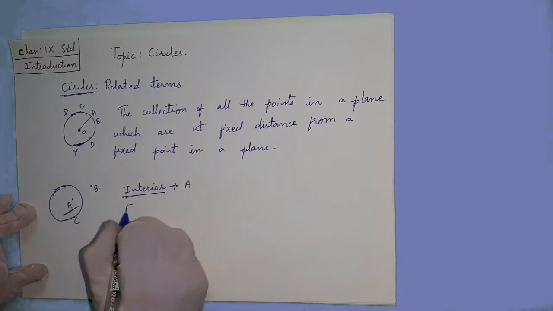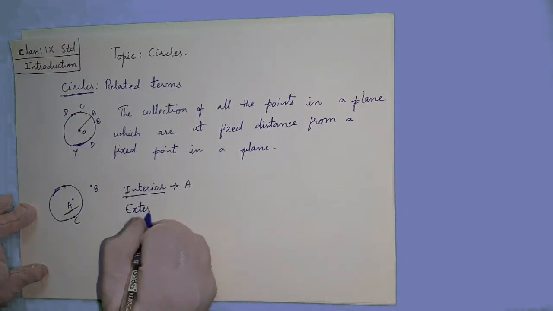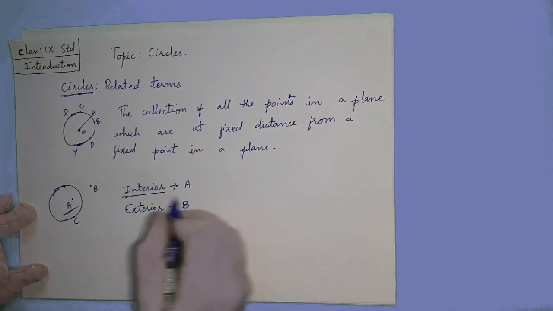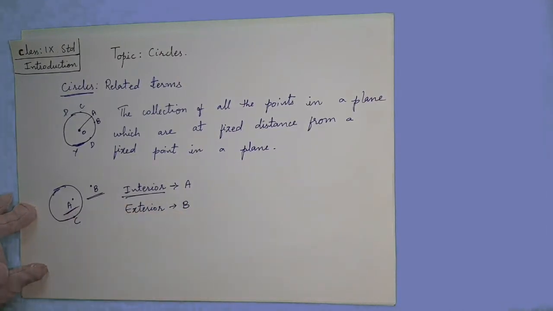Then the point B is lying outside the circle, so it is the exterior.